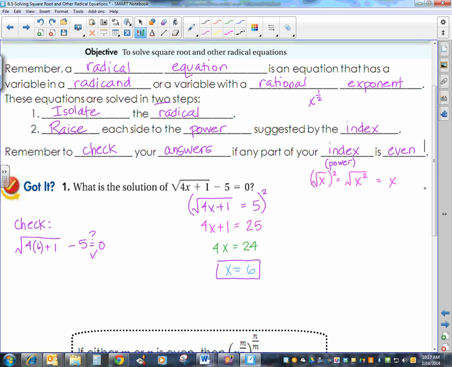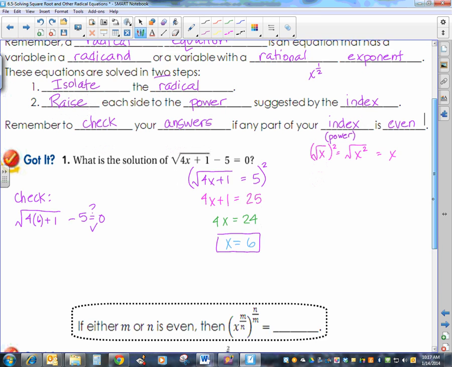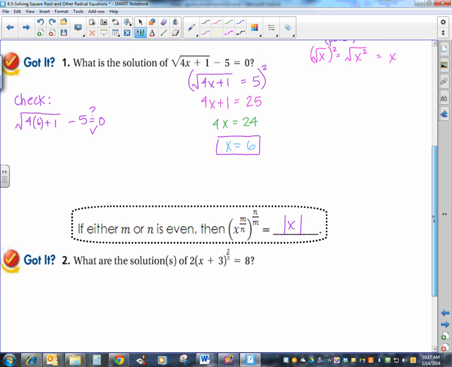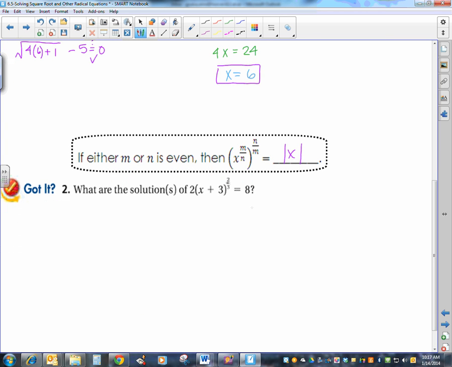Okay? Now, as I said, if any part of your index is even, I'm just reiterating it. If either m or n in a rational exponent is even, then your answer is going to be the absolute value of x when you raise it to that power. Okay, and these are ones having rational exponents, and sometimes it's not as obvious without your radical. Regardless, we're still going to solve it the same way, and that is I'm going to divide both sides by 2 here because I want to isolate that expression.